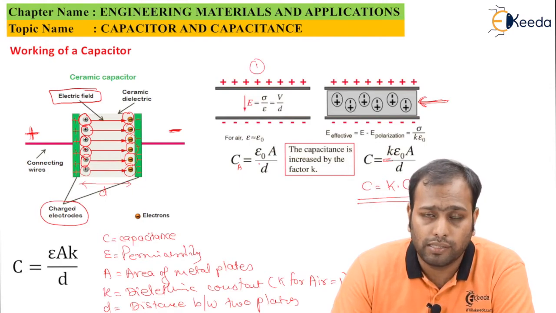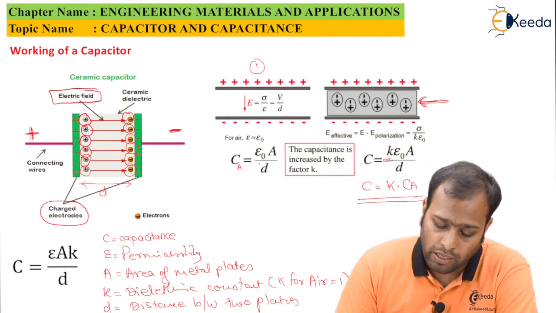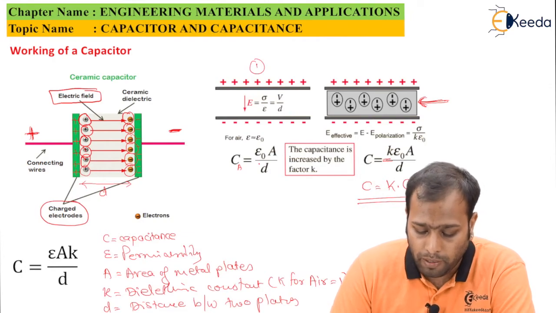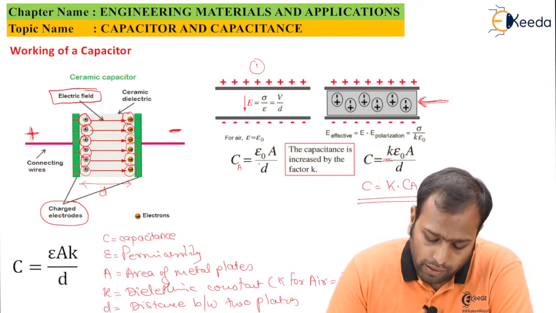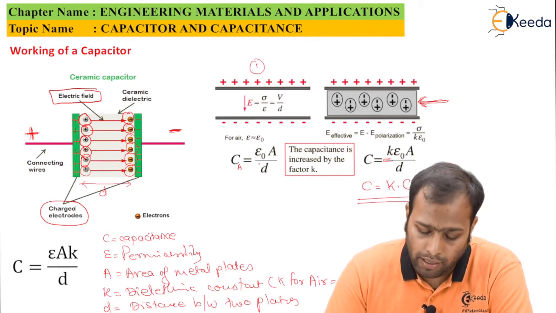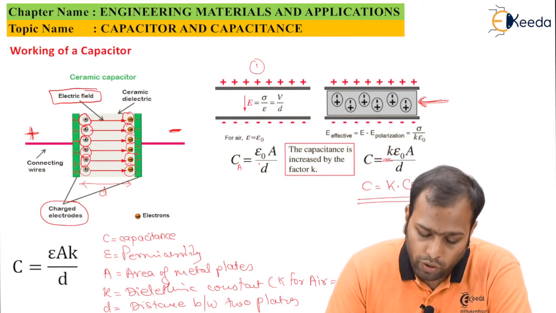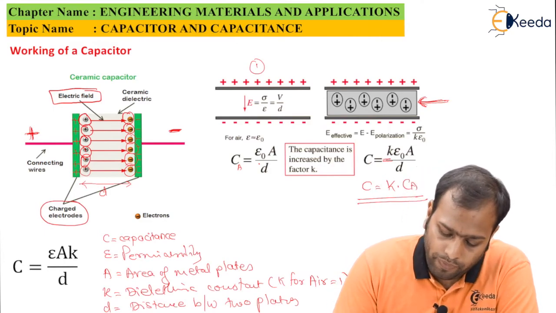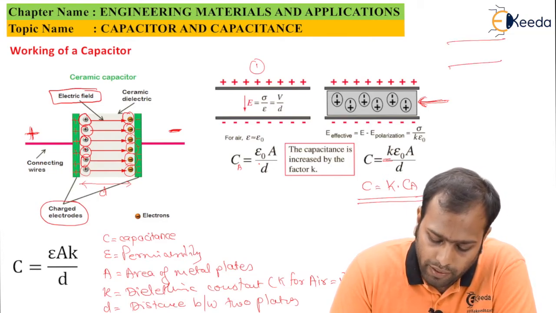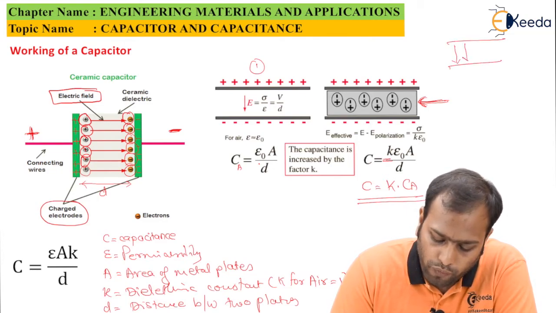Now, how does this take place? Because it's a very simple concept. You can understand it this way. The dielectric material causes the electric field to get dissipated inside it. So basically, if I have nothing in between, my field is directly going to go from this plate to this plate.